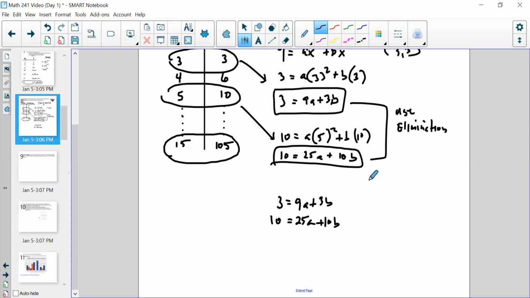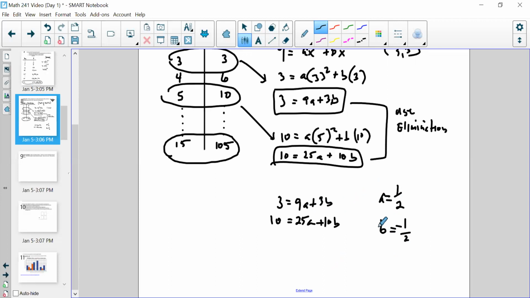And once I do that, that would give me a value for a and a value for b. So a would end up being 1/2 and b would end up being negative 1/2.